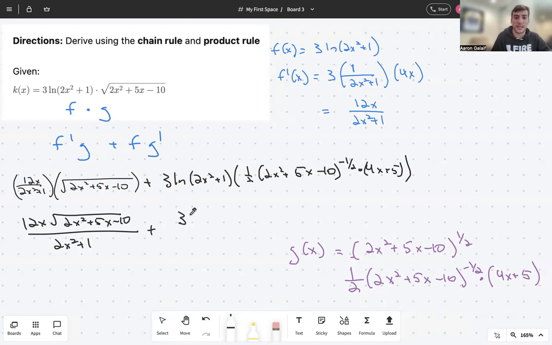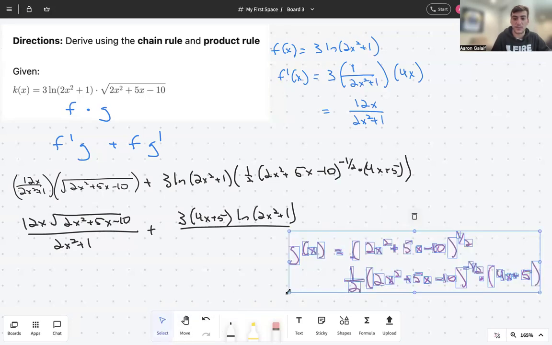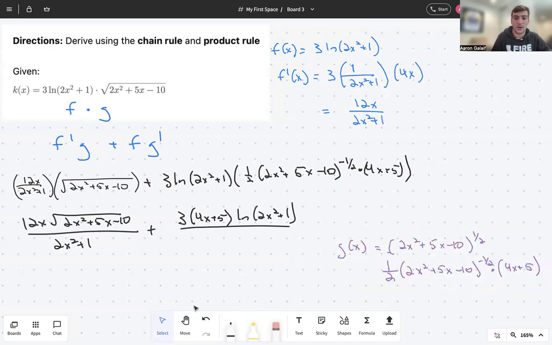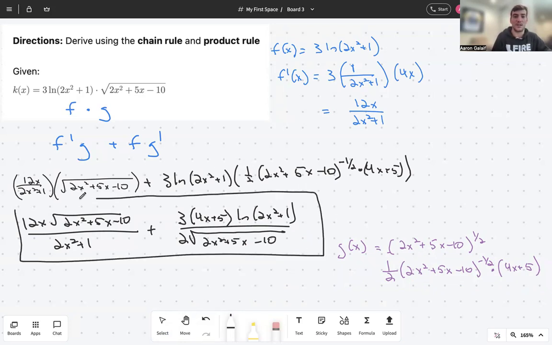So we're going to have (4x plus 5) ln (2x squared plus 1) all over the square root of (2x squared plus 5x minus 10), and we have a 2 in front as well because of the 1/2. And then this will be your final answer.